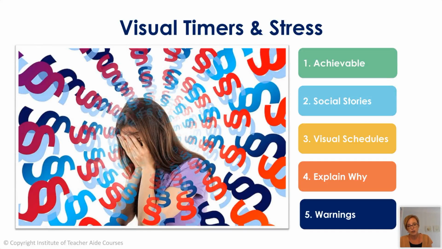One of the best things to use with a timer is a warning, which might sound kind of funny. Giving a 5-minute warning before the timer finishes, as long as it's not a 5-minute timer, but that might be a 1-minute warning, particularly for, say, a special interest activity, can make a significant difference to the smoothness of the transition from one activity to another.